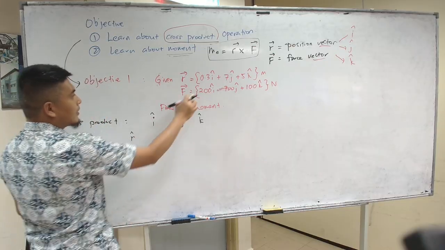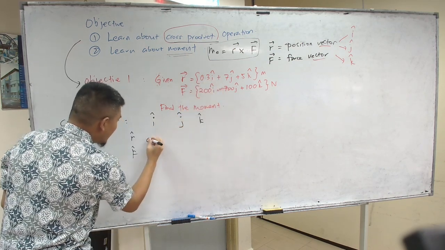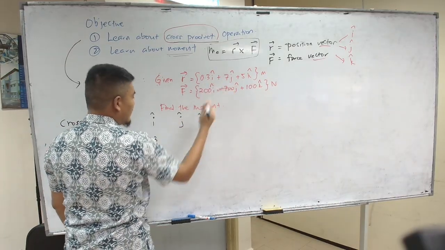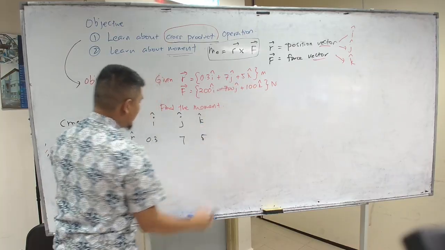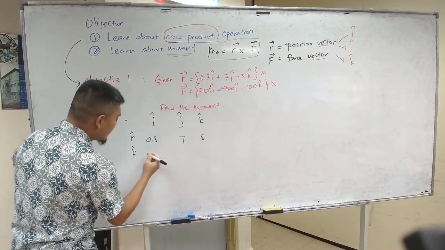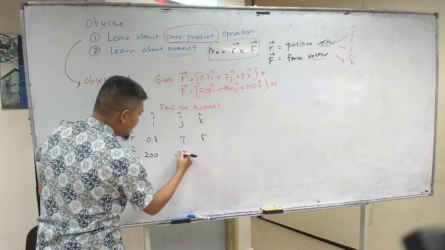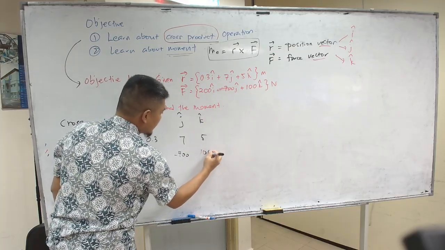For R, the value of I is 0.3, the value of J is 7, the value of K is 5. For the force, the value of I is 200, this one is negative 700, and this one is 100.